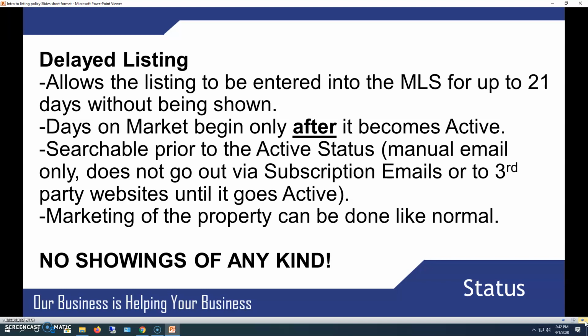However, it can only be sent out via manual emails. It will not go out through subscription emails or to third-party websites until that property goes active. Marketing can be done like normal when these properties are in delayed status. However, no showings of any kind can occur. No showings of any kind does mean no agent previews, broker opens, or members of the public going through that property.